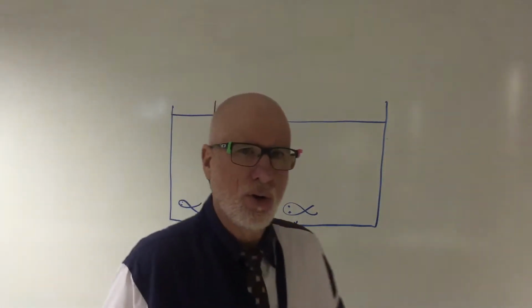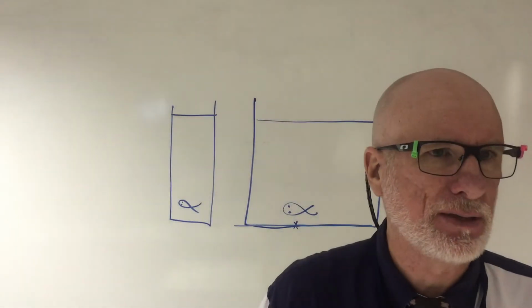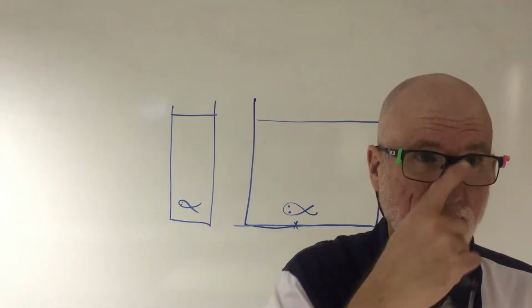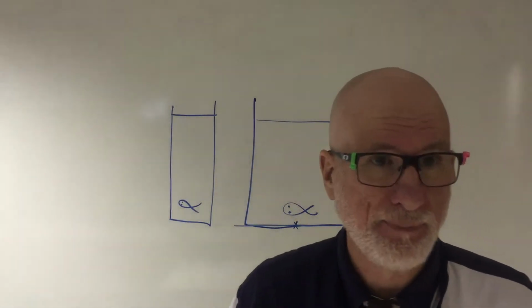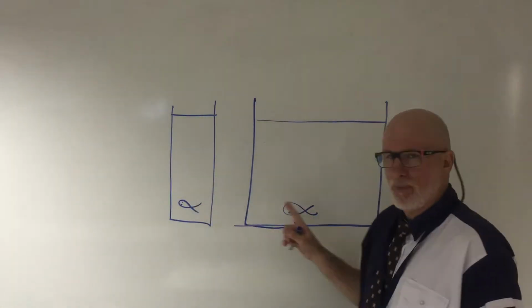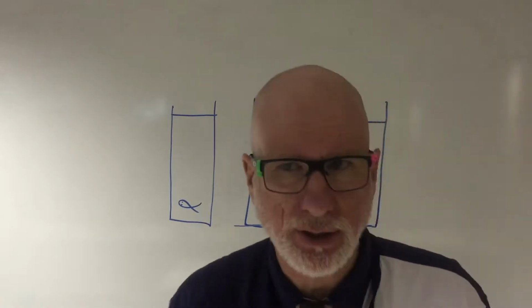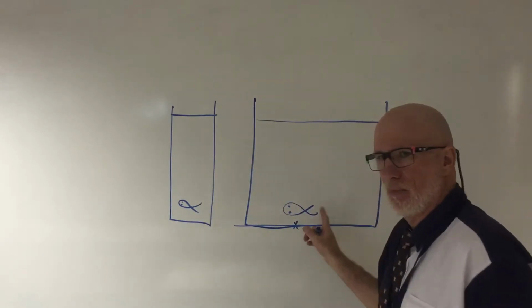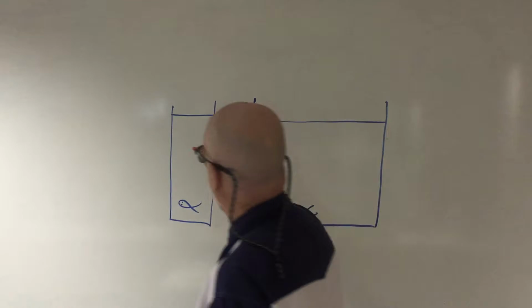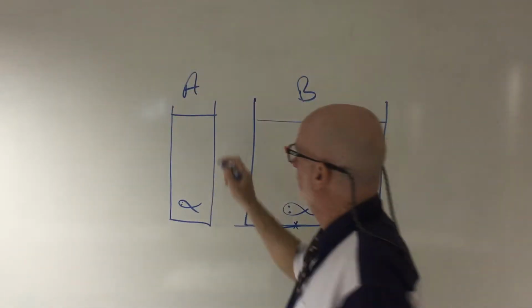Are both of those fishies under the same pressure, or is this one under more pressure? Which one has more pressure? A or B relative to the fish?